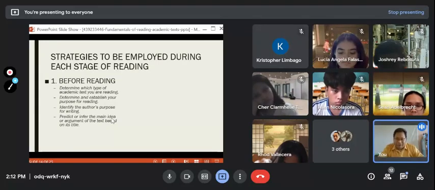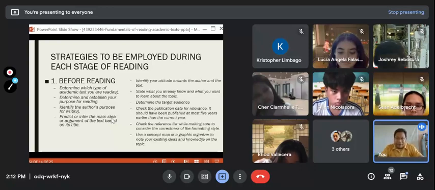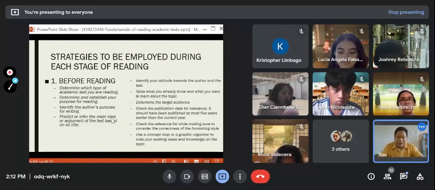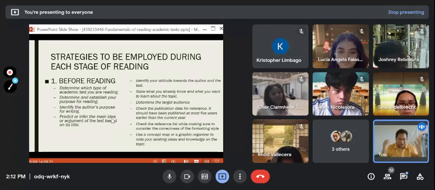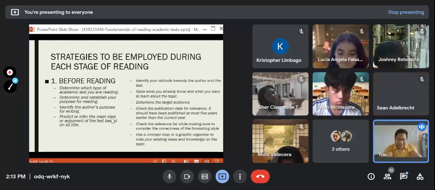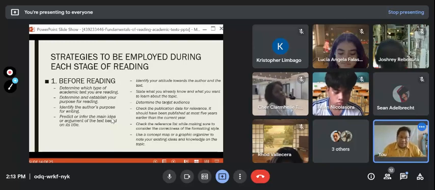First, you have before reading. And these are the things that you can do before reading. Basically, before reading is done for conditioning purposes. It's that strategy of reading where the reader sets the mood for the task of reading.